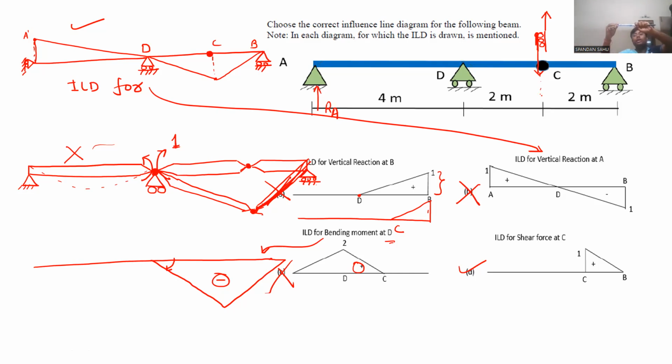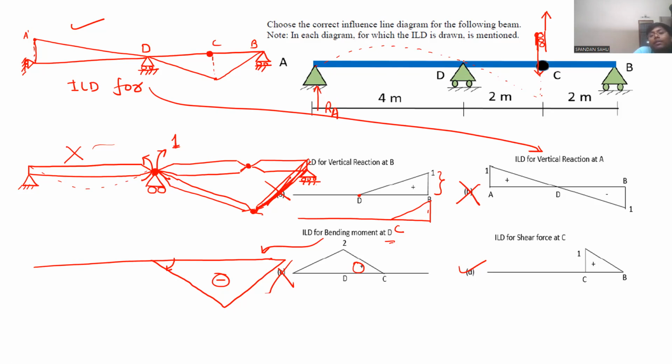So when you pull from point C downward, and this is elastic, you will get a shape like this, such that compatibility is maintained.